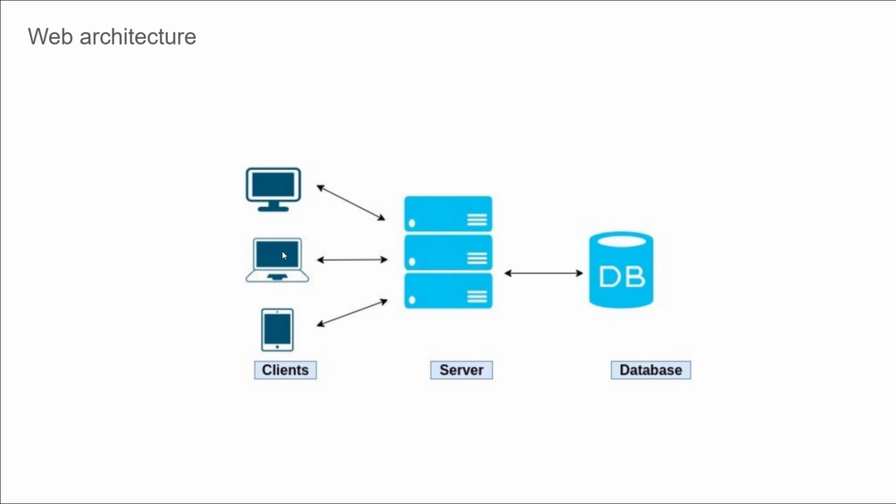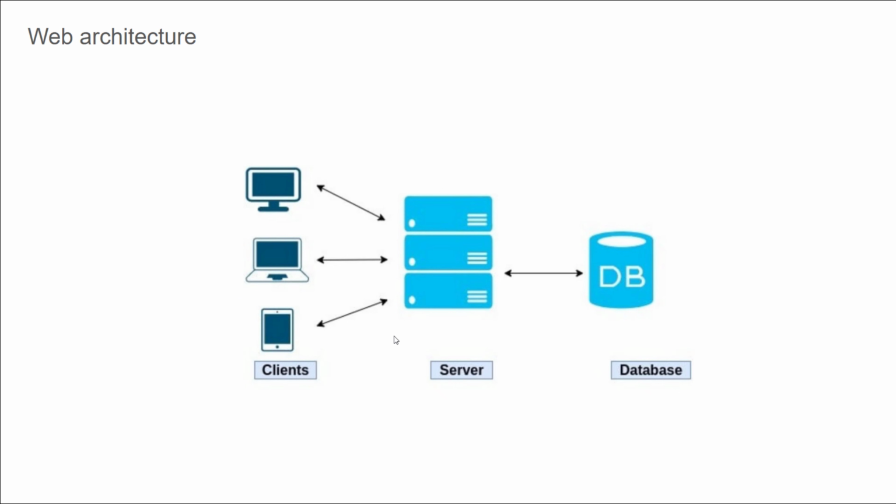For example, when you visit a website on your browser, the client sends a request to the server and displays the response it gets back. So the server is the powerhouse that processes client requests.